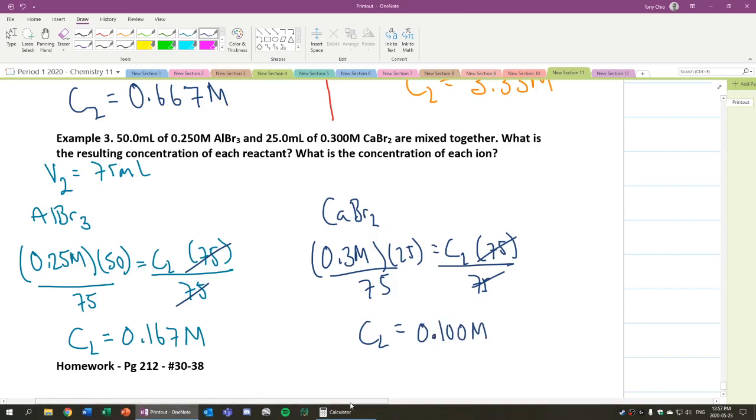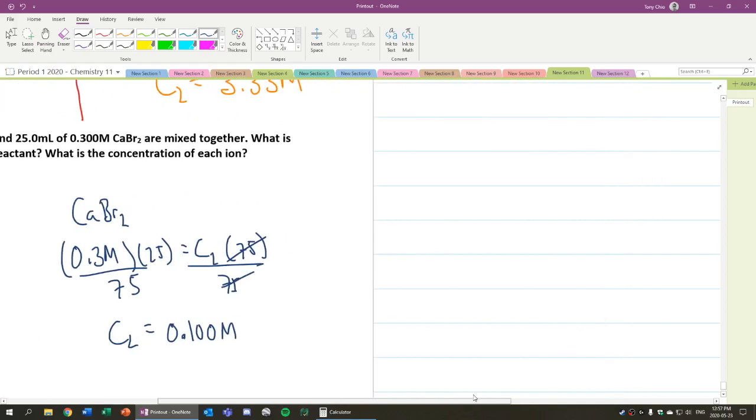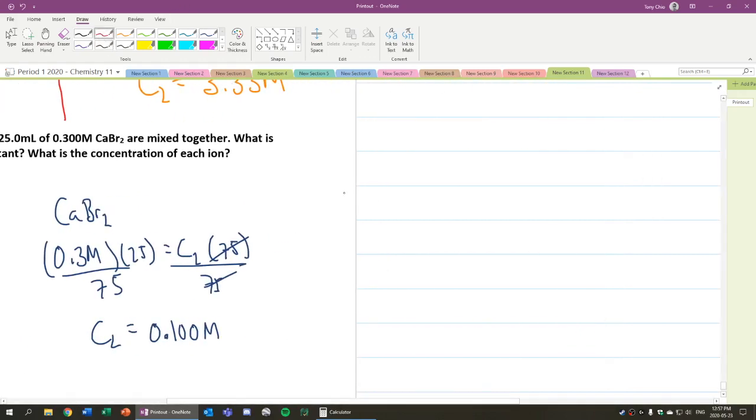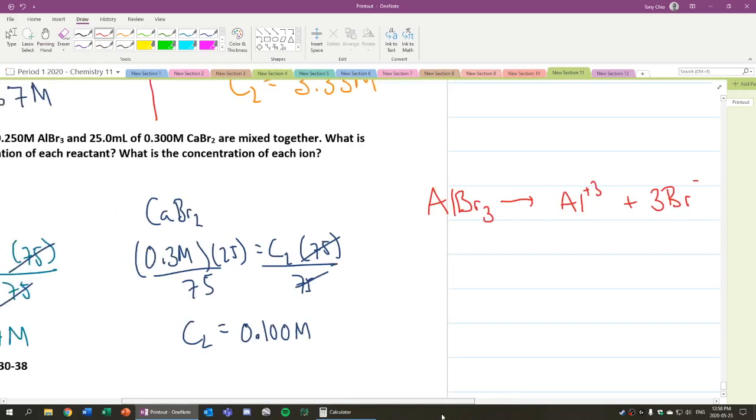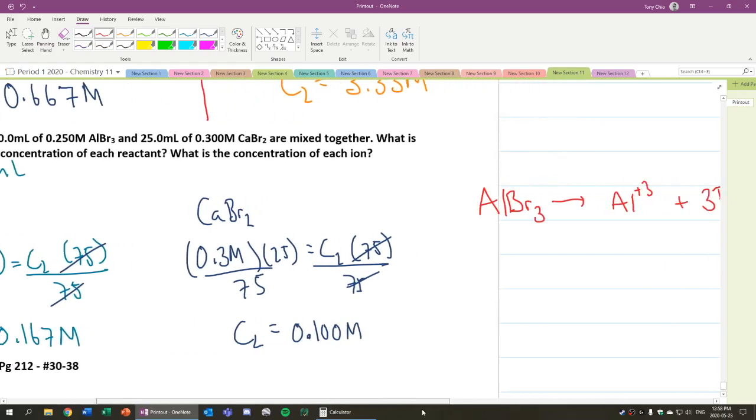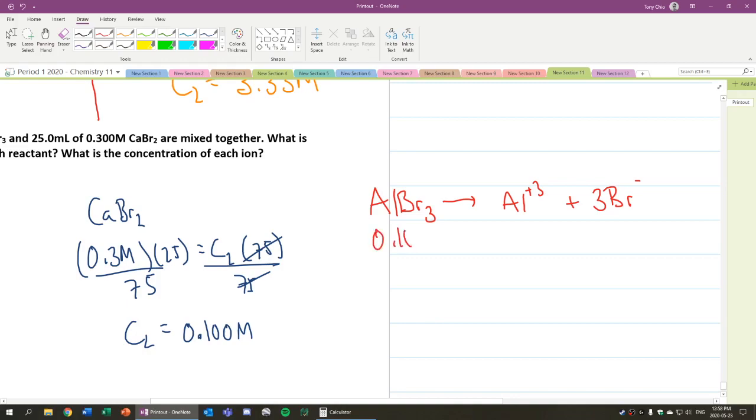Now let's talk about the ions. Let's look at our dissociation equation. When aluminum bromide dissociates, it forms aluminum 3 plus and bromide, but there are going to be 3 of these ions. What is the resulting concentration? It's 0.167 molarity, so aluminum will also be 0.167 molarity.